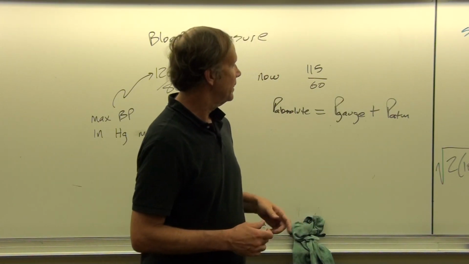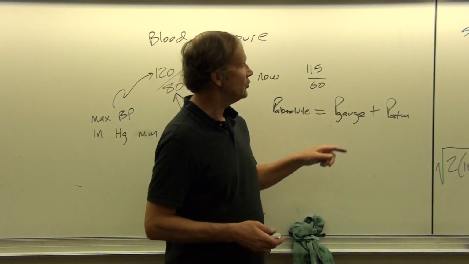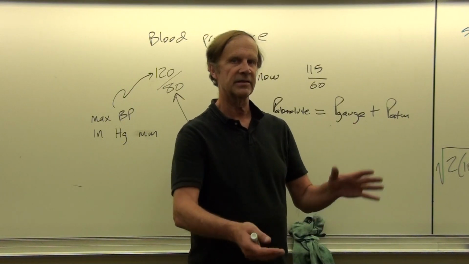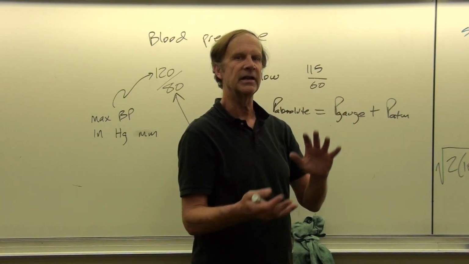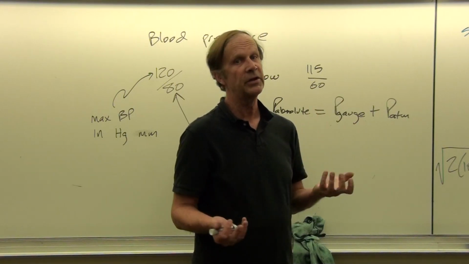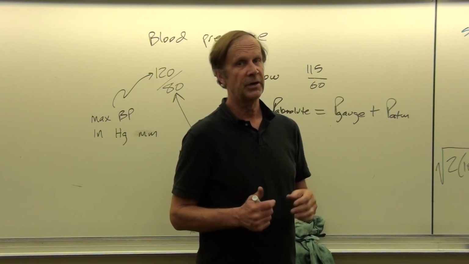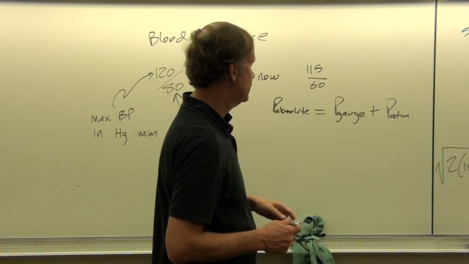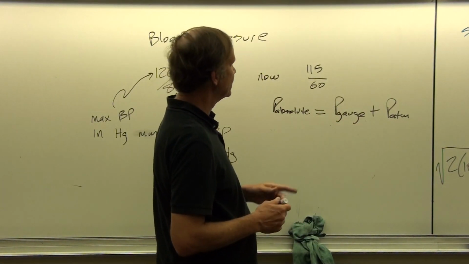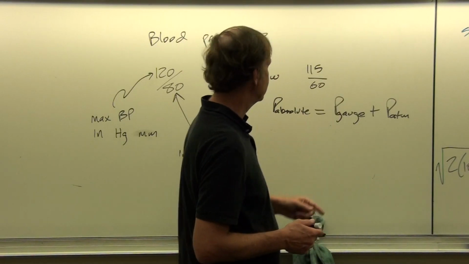So the gauge is measuring what's above atmospheric. That's what's important, because outside of the tire it's atmospheric. Inside it's atmospheric plus P gauge, and so it's really just measuring the pressure difference when you measure the pressure of the tire gauge. And so P gauge then typically tends to be 1 atmosphere less than P absolute.